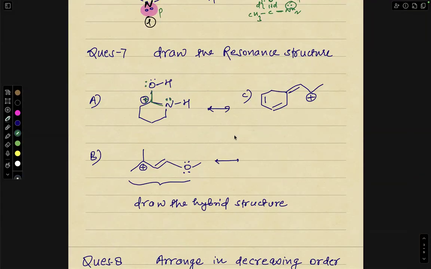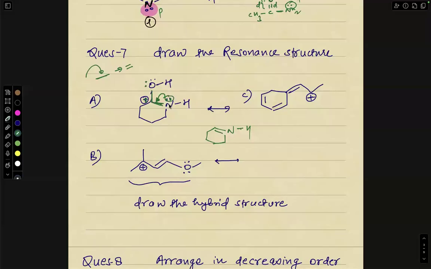I told you whenever any species has a lone pair, suppose nitrogen is going to donate its lone pair like that. So the arrow is very important. Whenever the arrow is on the bond, it means single will become double. So in resonance structure, basic connectivity is not going to change.